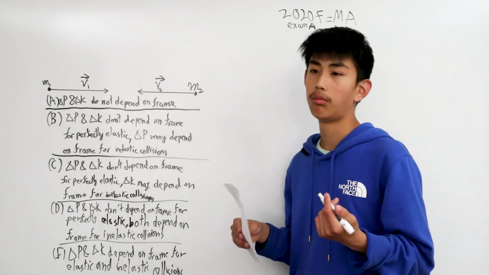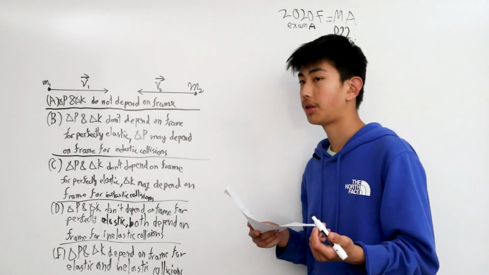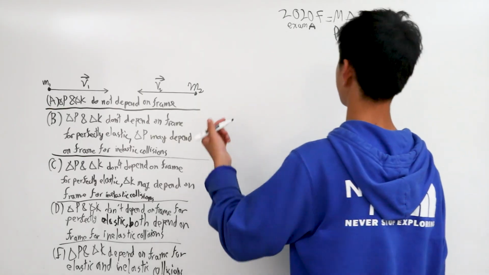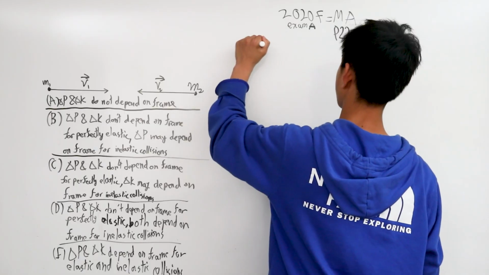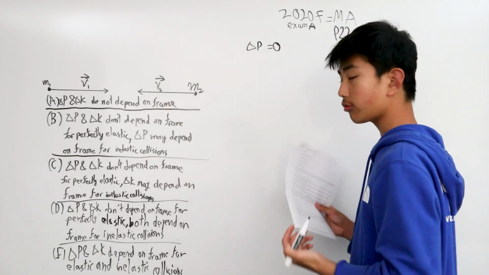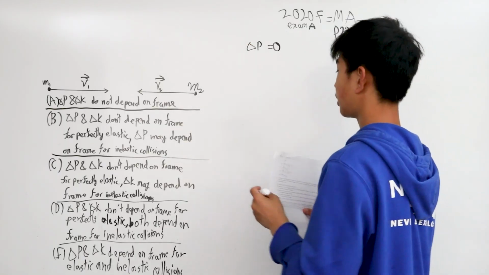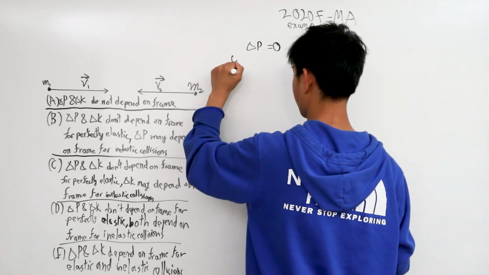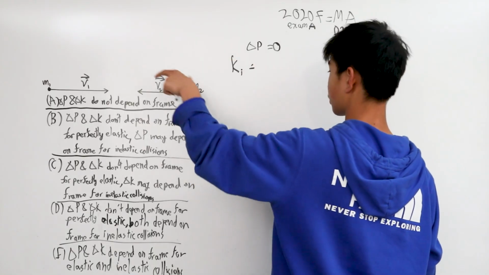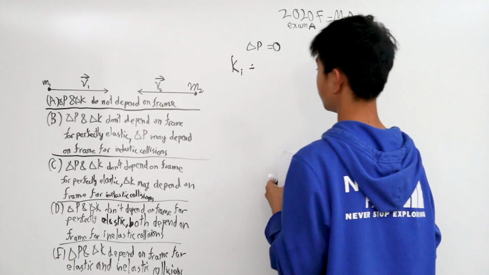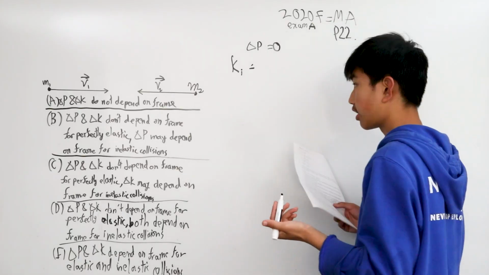So in this problem, we want momentum to be conserved. Therefore, our change in P is going to be 0. We can say that our initial kinetic energy, K initial, is just the kinetic energy of the two masses summed up.